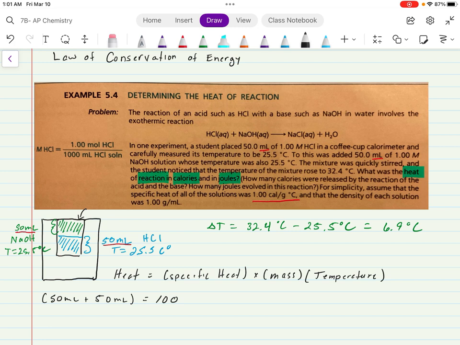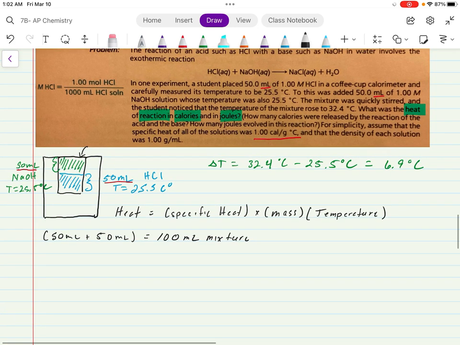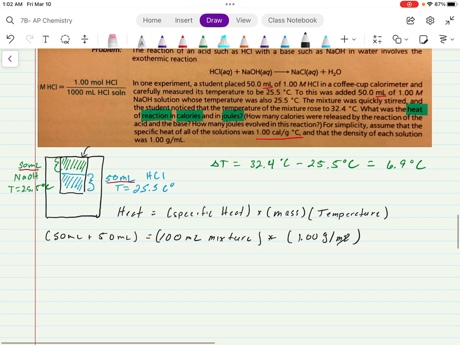So that gives us a total of 100 milliliters of mixture. Now, if we multiply by the density, I know that the density according to this is 1.00 grams per mil. And if it's a 1, the mils cancel, and I'm left with a total mass of 100 grams of mixture.